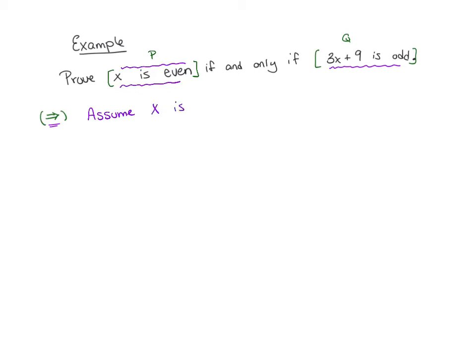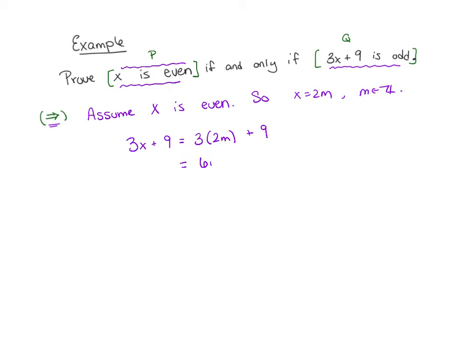So I'm going to assume x is even, that's my P. So x is equal to 2m, where m is in Z. Now I want to try to show that 3x plus 9 is odd. So we'll start with that 3x plus 9 expression and say what I know for sure it's equal to. x is equal to 2m, so I get 3 times 2m plus 9. I know I want this to be odd, so it should be 2 times something plus 1.